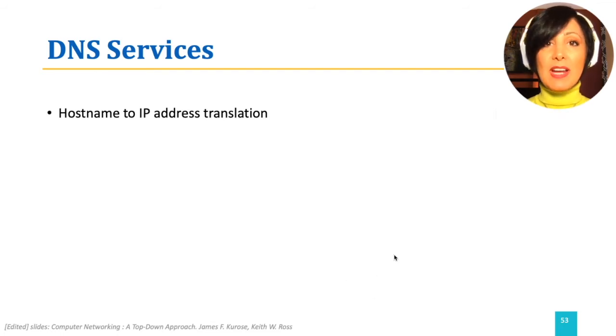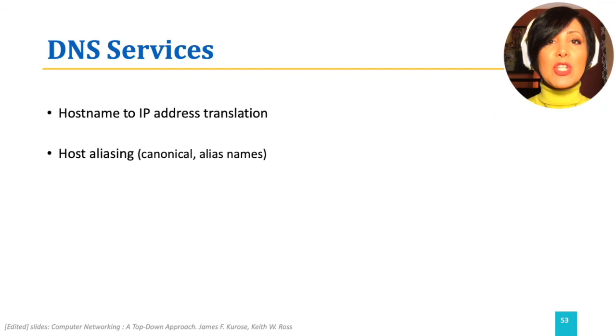It also provides host aliasing. A host with a more complicated host name may have one or more aliases. Host aliasing is used to find a simpler host name for more complicated host names. For example, if the host name is westcoast.region.sumstore.com, this could be translated to a simpler sumstore.com.